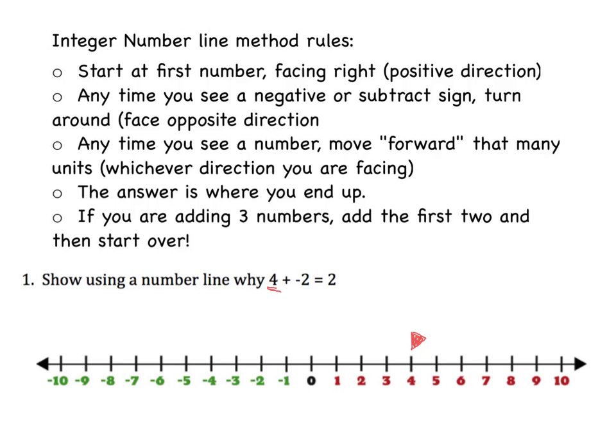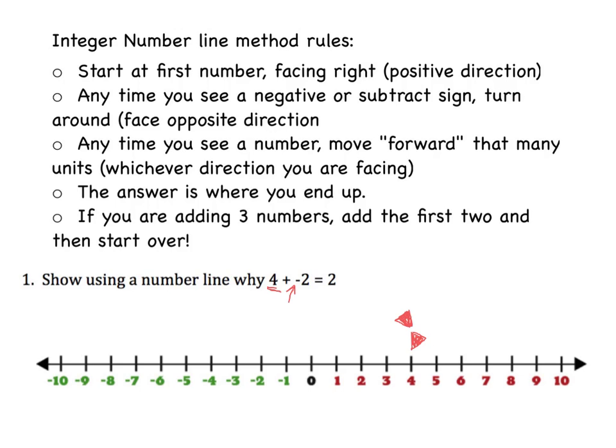Then, anytime I see a negative or subtract sign, I am going to turn around. I'm going to change my arrow to the opposite direction. I see a negative right there, so I am going to change my arrow to face the negative direction. Then, anytime I see a number, I'm going to move forward that many units in whatever direction I'm facing.